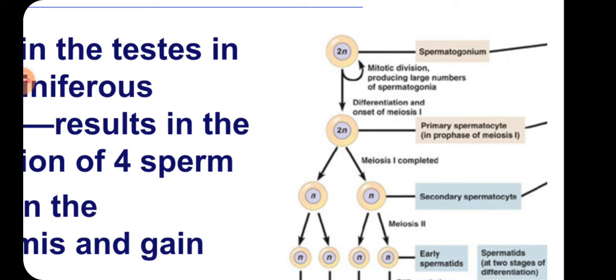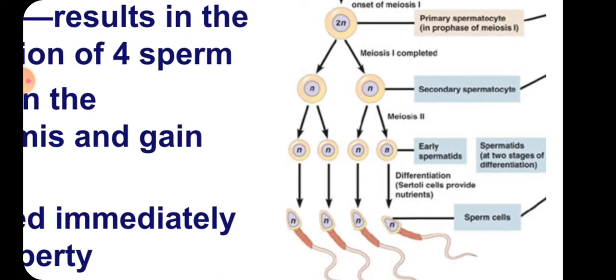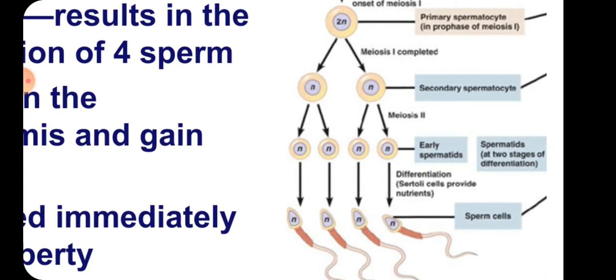After meiosis 1 is completed, secondary spermatocytes are developed which are haploid, n, as you can see. Then the second meiotic division takes place and 4 haploid spermatids are formed, called early spermatids.